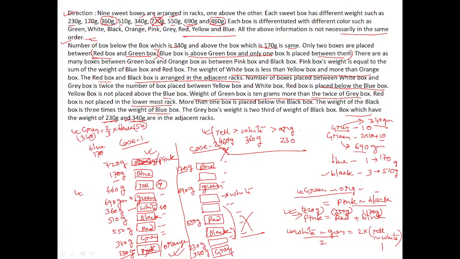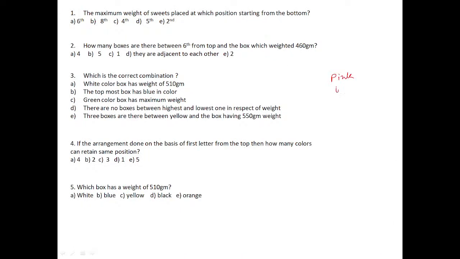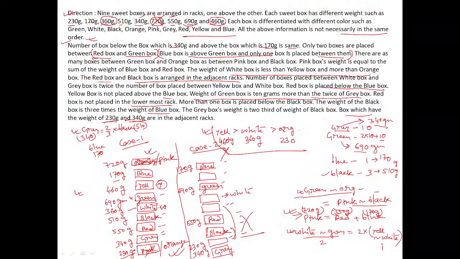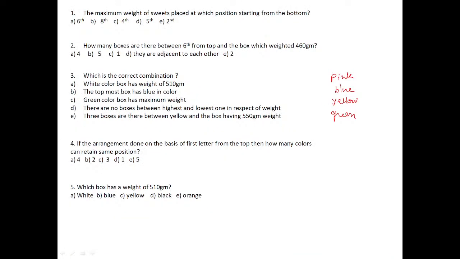Now we are moving to the question set, but before that we have to write it in our question set as well. So first is pink, blue, yellow, green, white, black, red, and this is orange. 1 2 3 4 5 6 7 8.